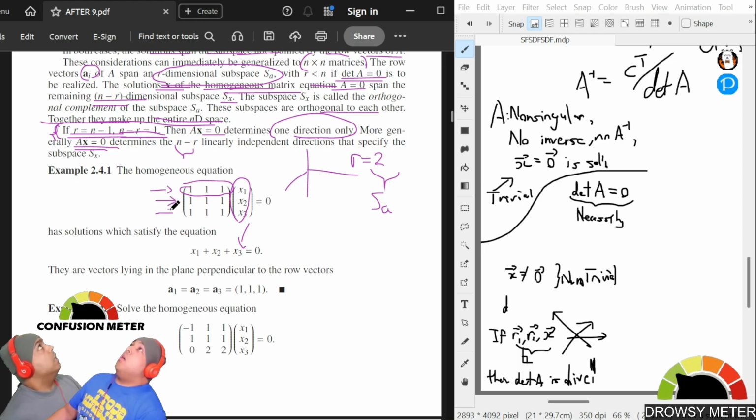All three are parallel, which means there's only one unique thing really going on here. So R is 1. So n minus R is 3 minus 1 equals 2. SA has one dimension, and Sx is 2 dimensions.